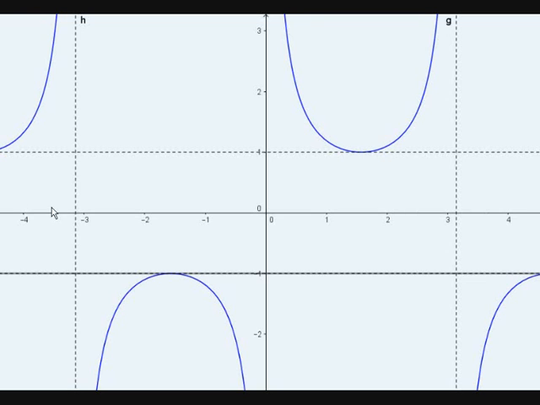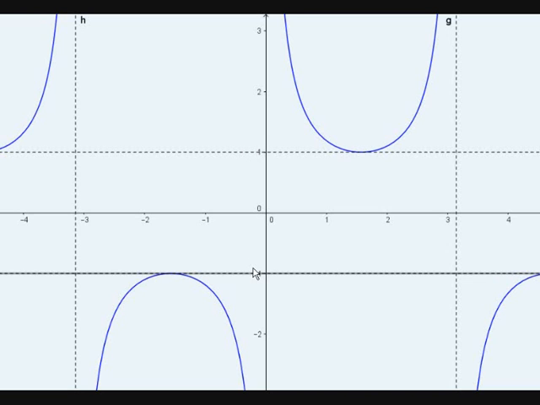So the domain of this function is R minus n pi. Now the range of this function starts from 1 at the positive y-axis and from minus 1 at the negative y-axis. So the range of this function is R minus the set of points between 1 and minus 1.